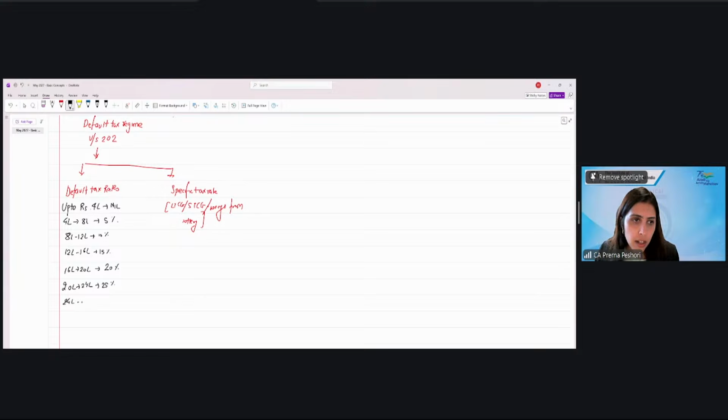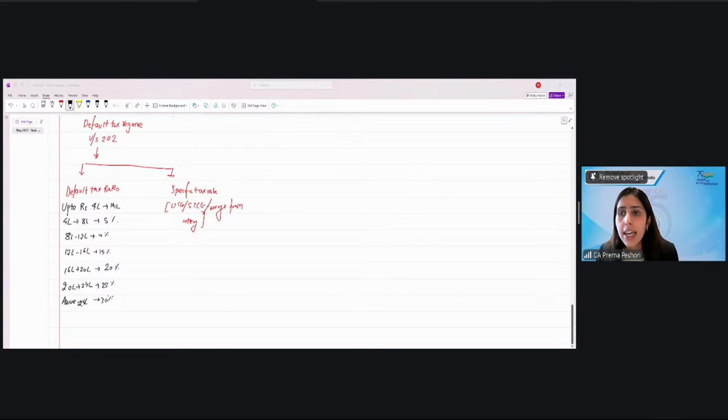And above 24 lakh, 30%. So this is my tax rate. Right? So these are the slabs which are given to me.